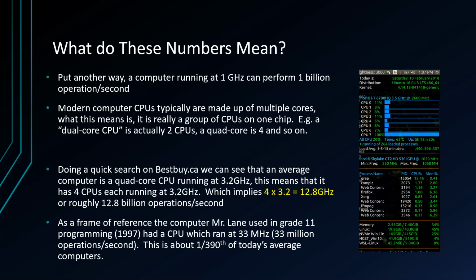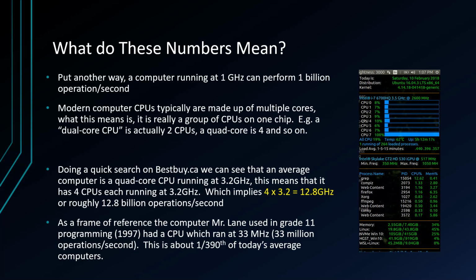So as a frame of reference, this is a little throwback here. When Mr. Lane was in grade 11 back in 1997, the olden times, he had a CPU in his class. I worked on a computer that ran at a whopping 33 megahertz. That means that it did 33 million operations per second. It seems pretty quick.